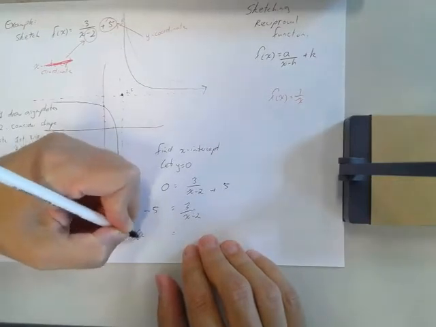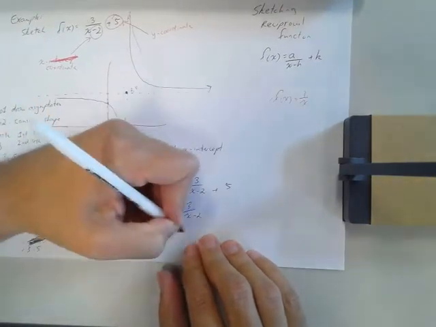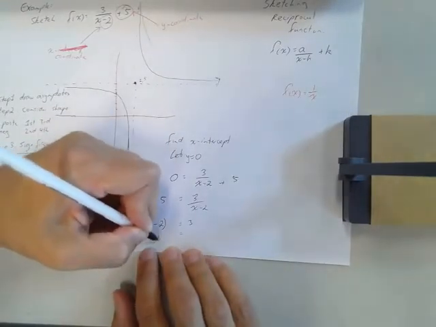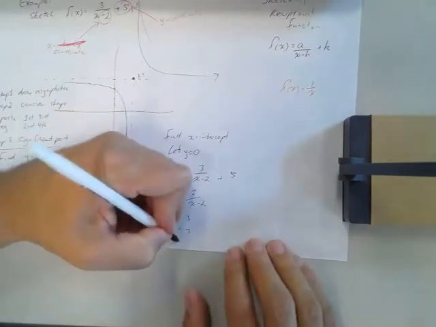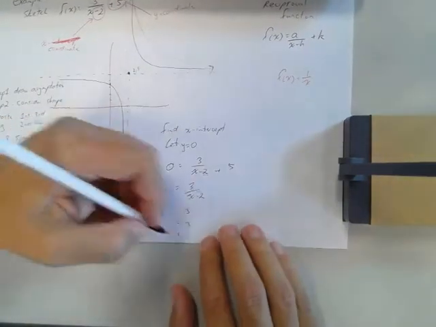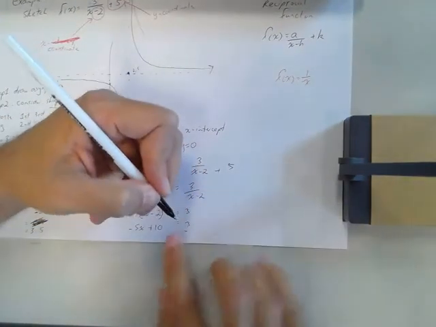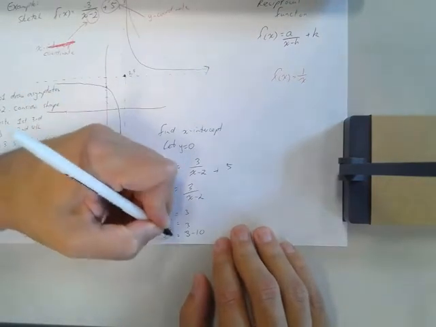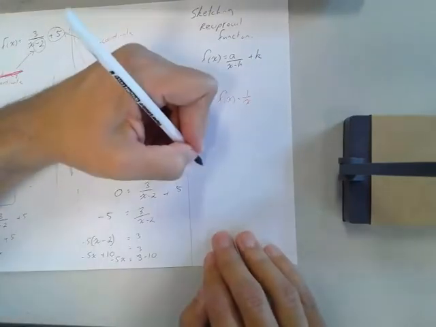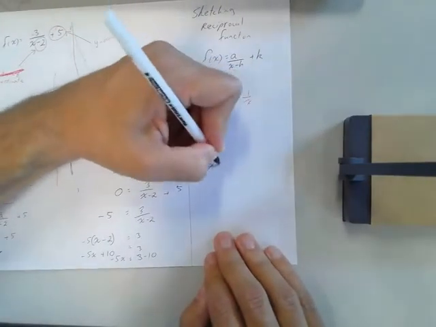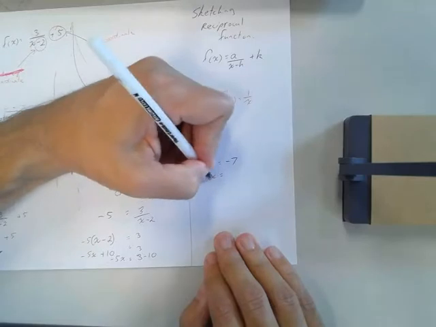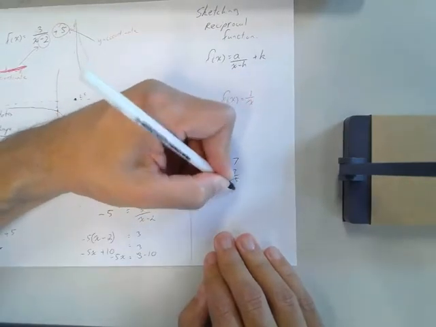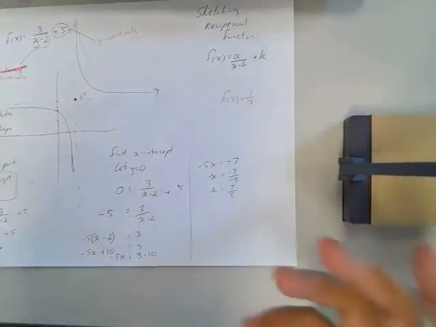Negative 5 times x minus 2 equals 3. Negative 5x plus 10 equals 3. You can see we're sort of moving stuff around. 10 moves over here. 3 minus 10 equals negative 5x. Negative 5x equals negative 7. x equals negative 7 on negative 5. x equals 7 on 5. That's 1.4.